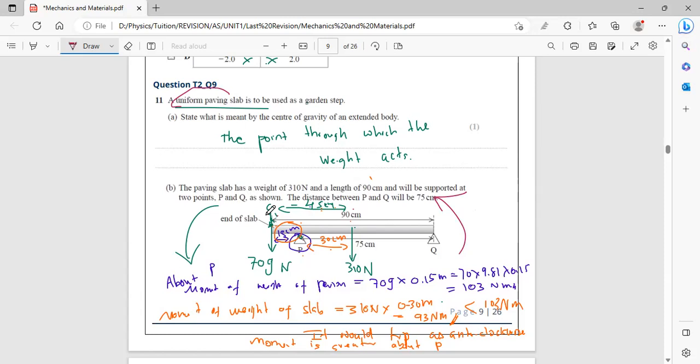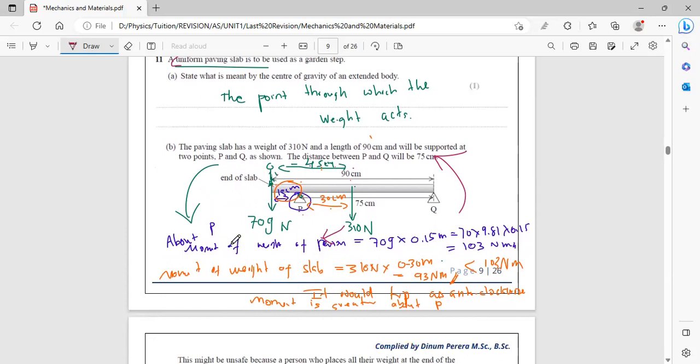If he produces an anti-clockwise moment greater than the clockwise moment produced by the weight, the slab will tip. So we can find the moment of the weight of the person about P. Right? About P.